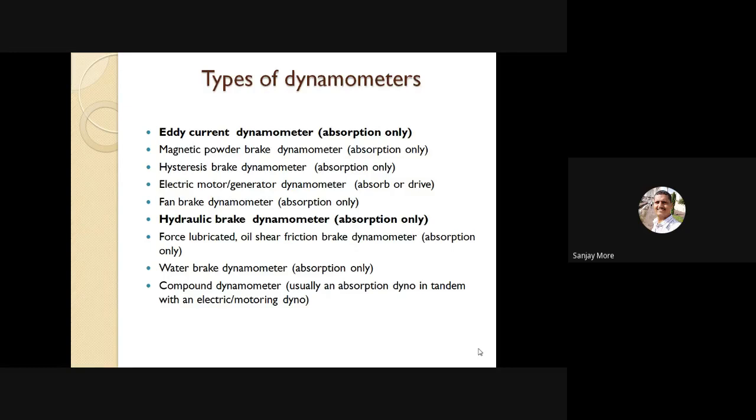Then water brake dynamometer. And last, compound dynamometer.